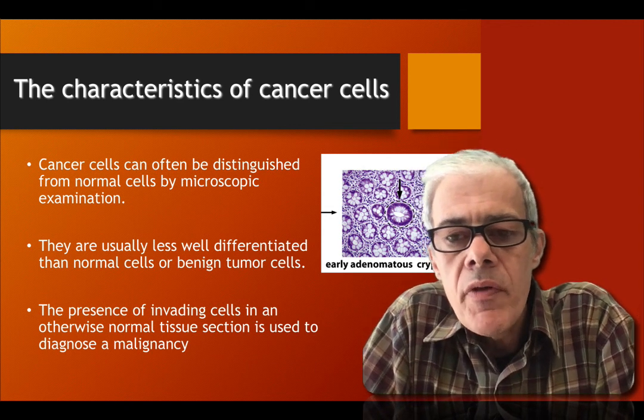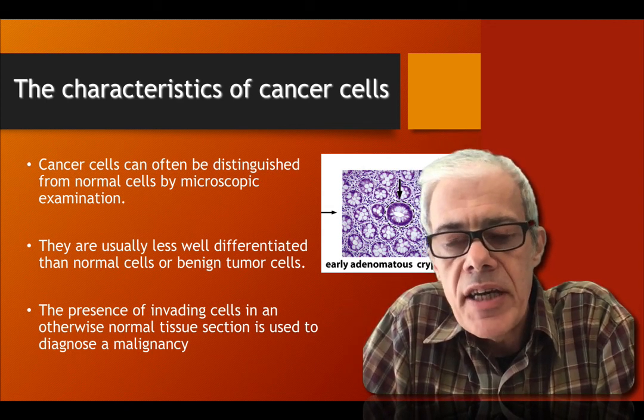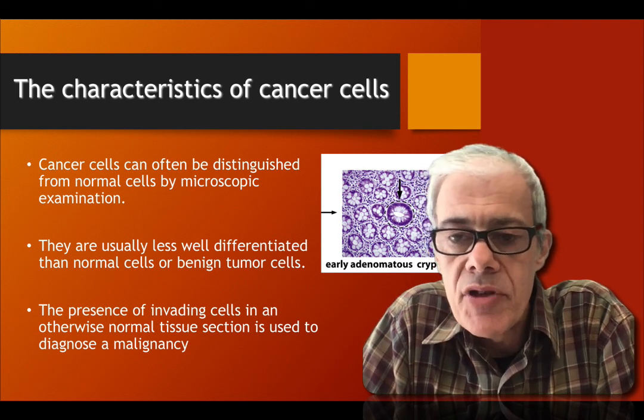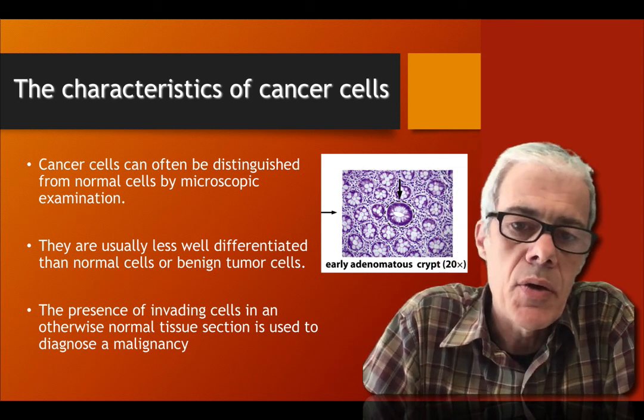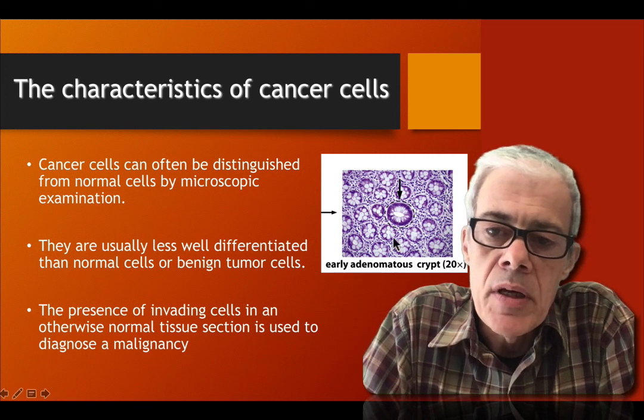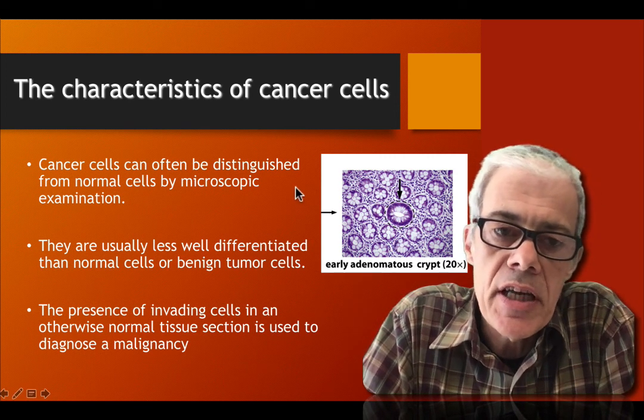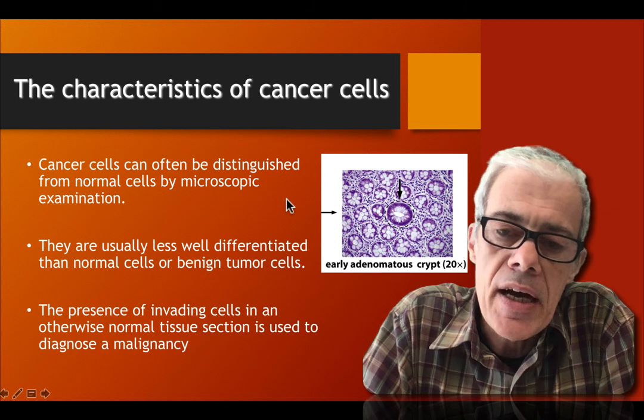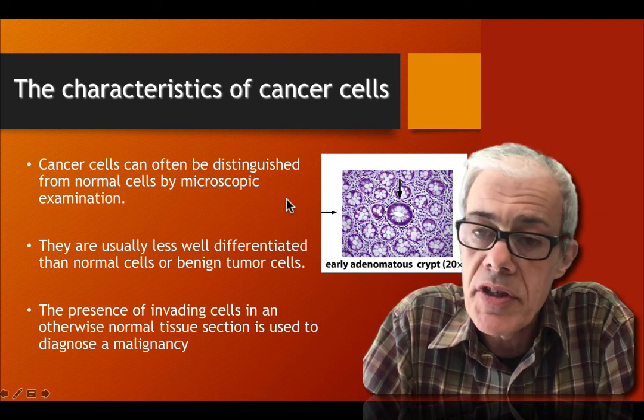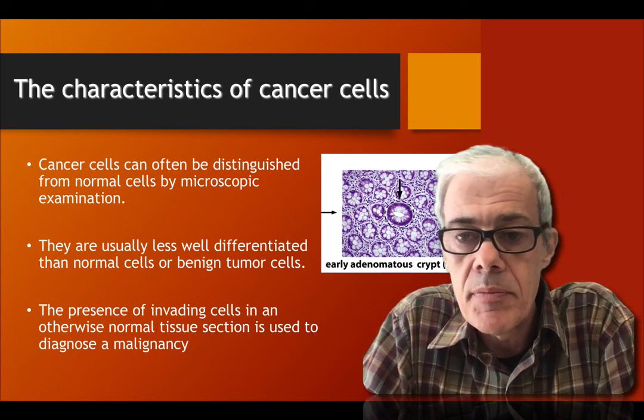So one of the first ways of identifying cancer cells is by looking at tissue samples under a microscope. Typically cancer cells can be distinguished because they are different to the other cells in the particular sample.